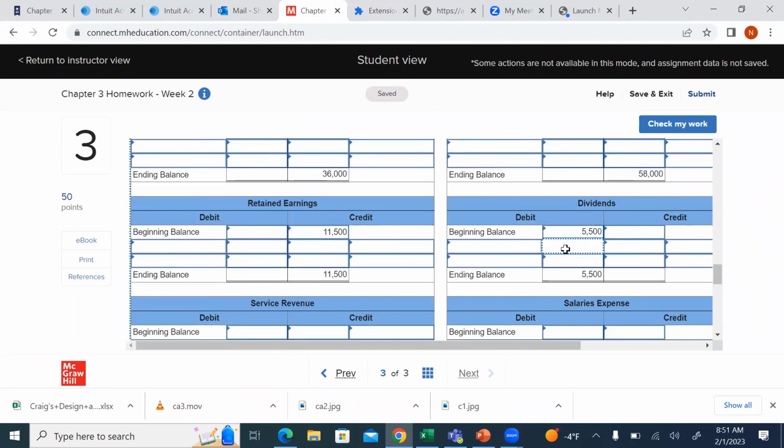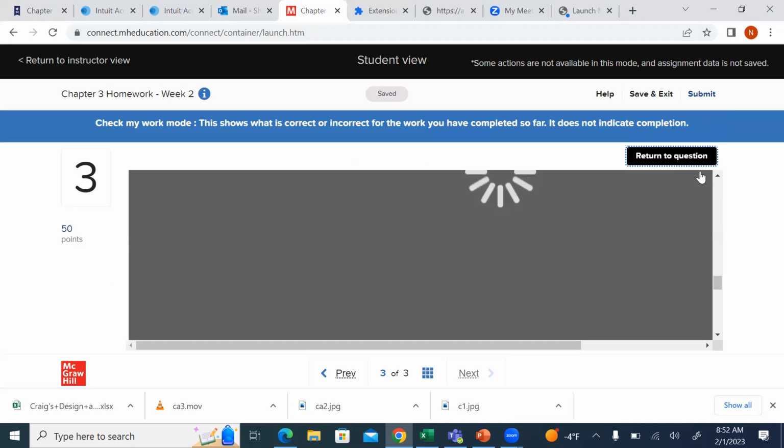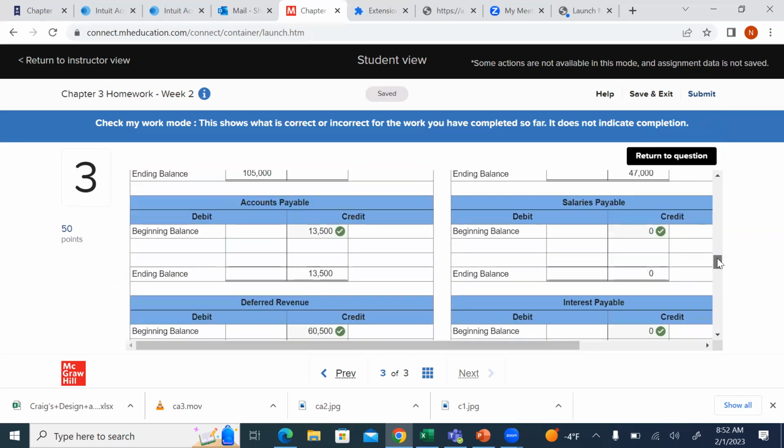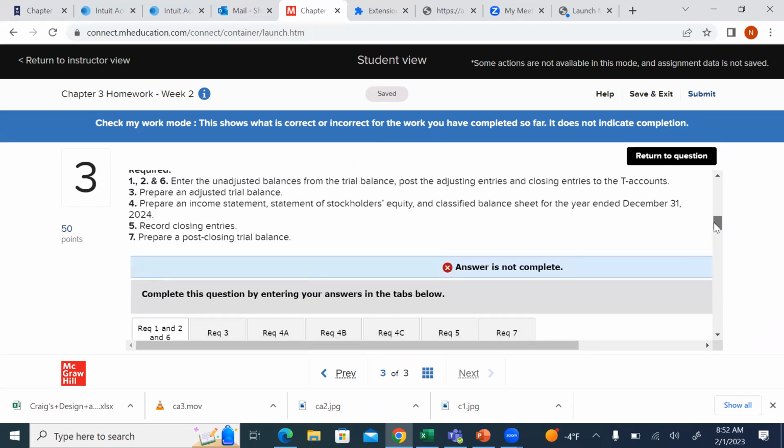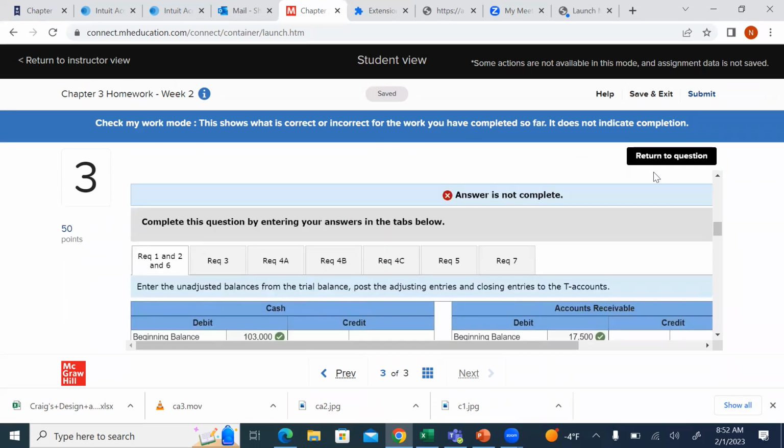I don't mean to belabor this, but the biggest problem you're going to have is when you transfer your numbers, you accidentally change a credit to a debit or a debit to a credit. So always go check your work, just to make sure you didn't do that.